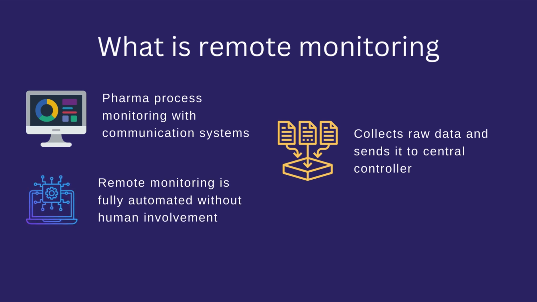The server, controller, or computer comprises a software system that applies various algorithms to make the information presentable for human analysis and decision making. The remote monitoring system is automated, that is, there is no human involvement in data collection, type, collection frequency, and record format.